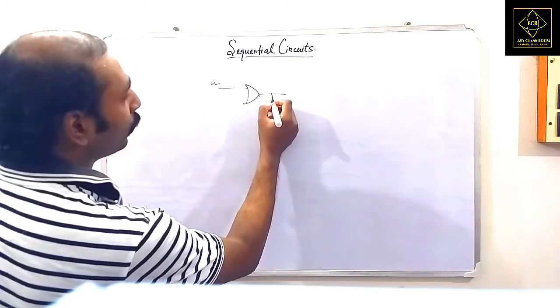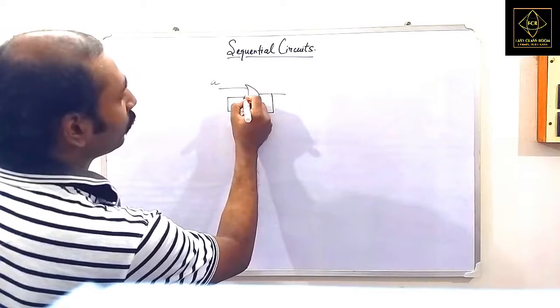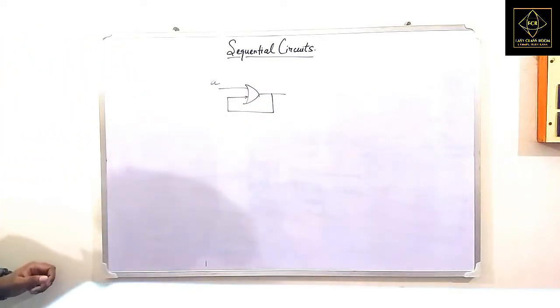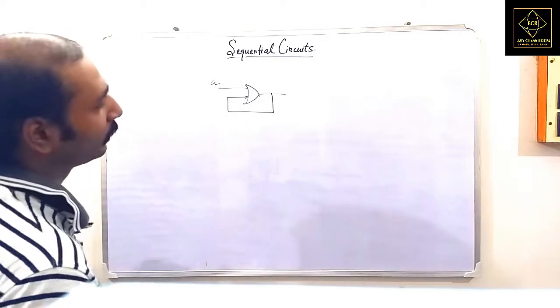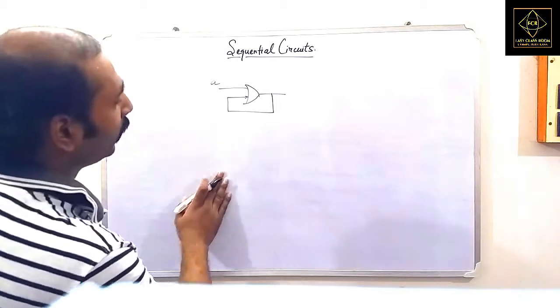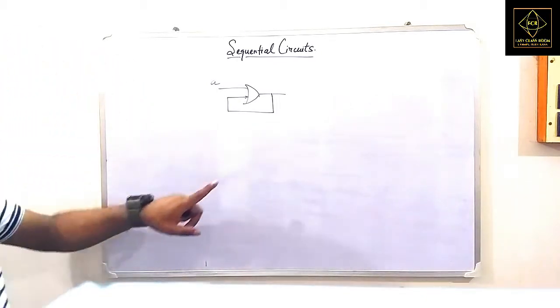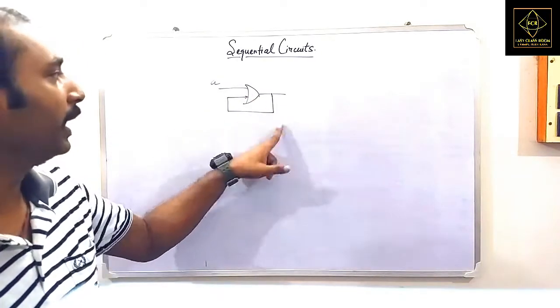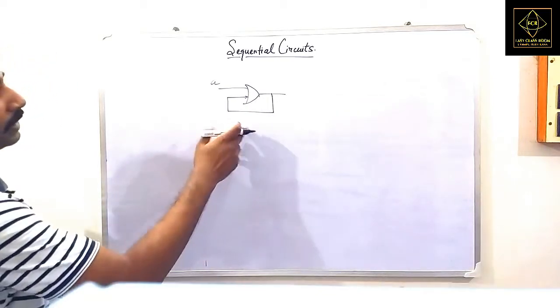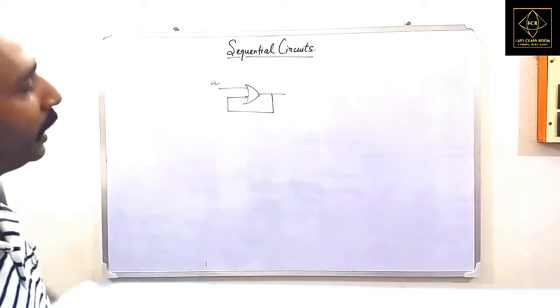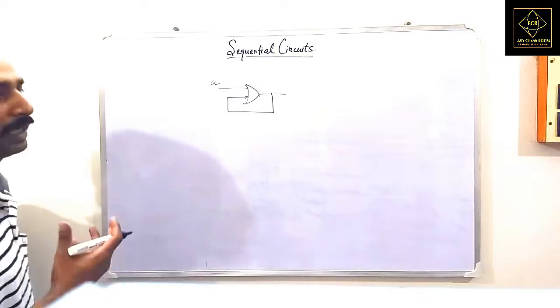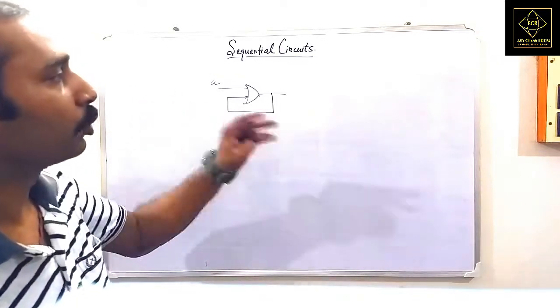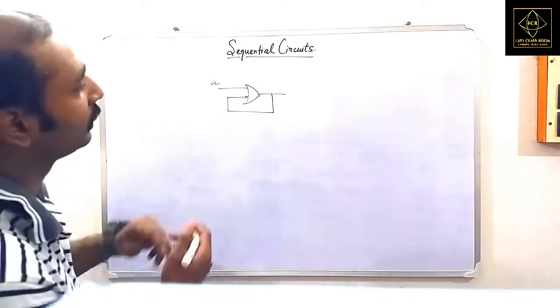And the output of this OR gate is redirected to this particular circuit. So depending on the previous output, or the previous state of this OR gate, we determine what our next output of this circuit is.